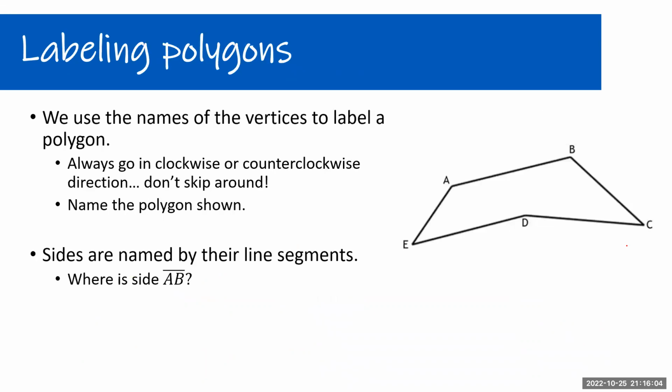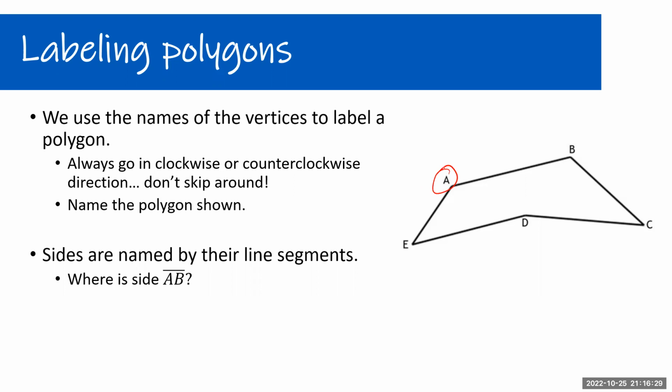Now, going back to polygons, we can talk about several different ways to label them. So similar to the way that we were naming the angles earlier, we can use the names of vertices to label a polygon. So it's really easy to name a polygon, okay? Just pick a starting point. Here, it makes most sense to start with A, right? Most of us, if we were asked to label it, would just say, okay, I'm going to name it A, okay?